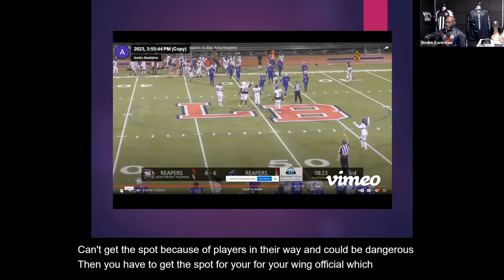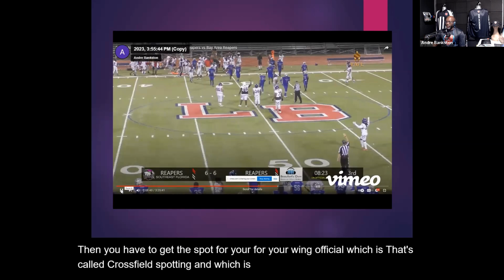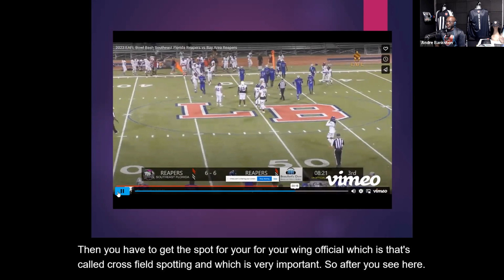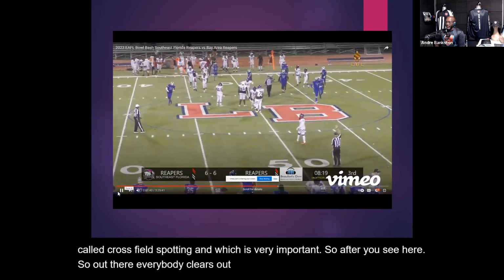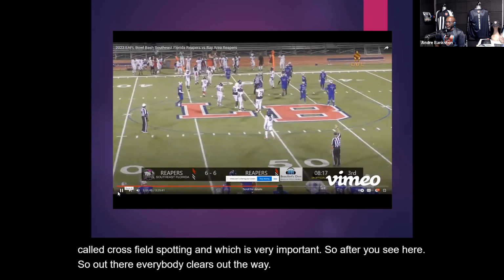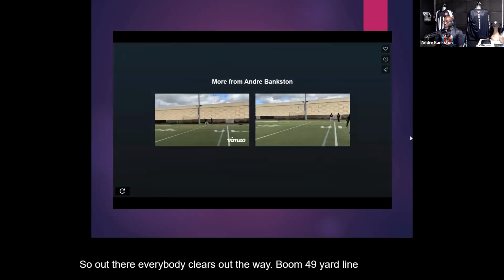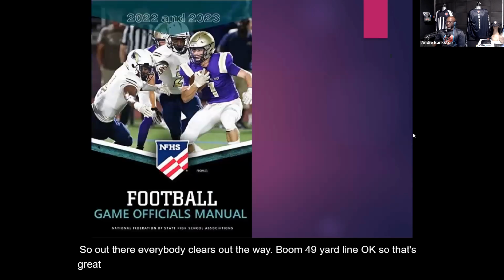That's called cross field spotting, and it's very important. So after everybody clears out of the way, boom, 49-yard line. Okay, so that's great mechanics, great work by the crew.